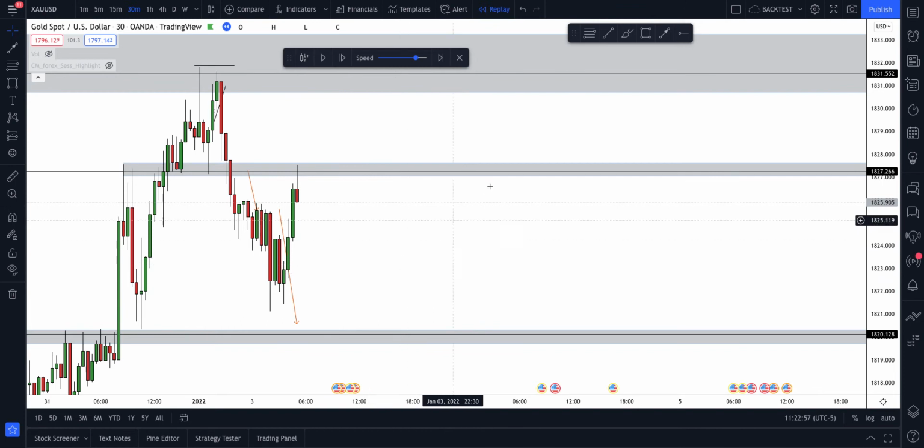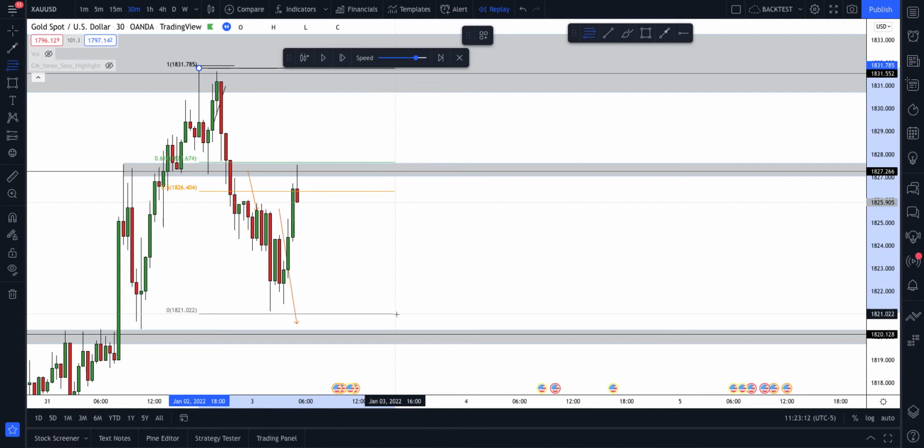Now this is how I get my confirmation, what I call the golden zone. We have our previous high, then we got our new low, just this one right here.